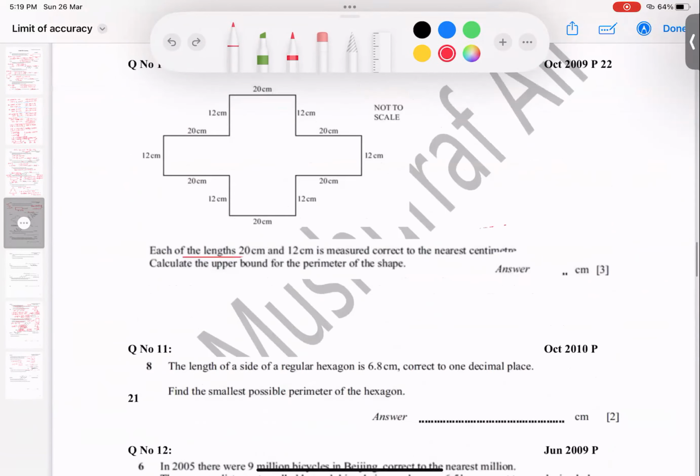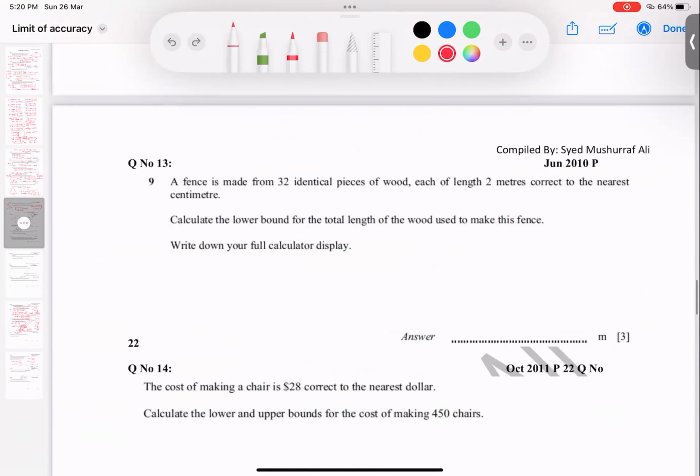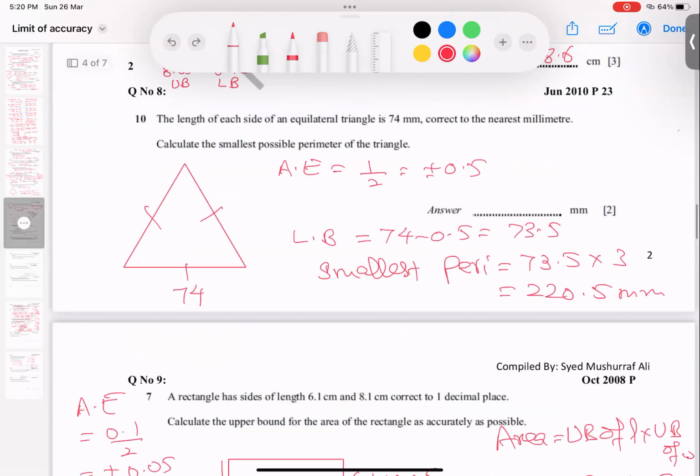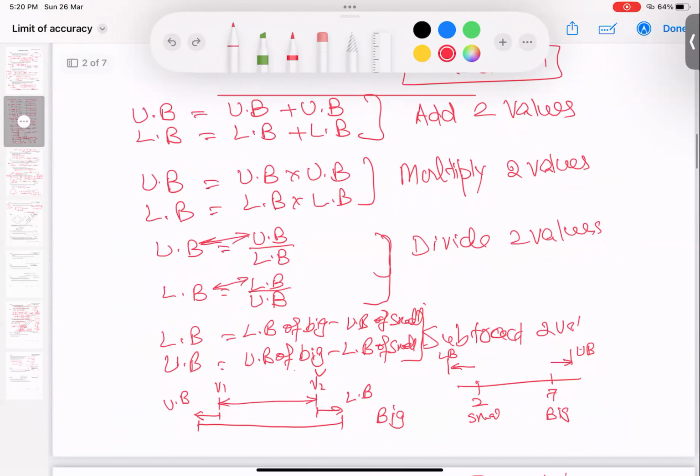I think now I want to go to a very important concept, which is here. Before I start, I want to tell you one very easy, very important concept. Look here. If I'm looking for adding two values, upper bound and lower bound, you have done it very well.